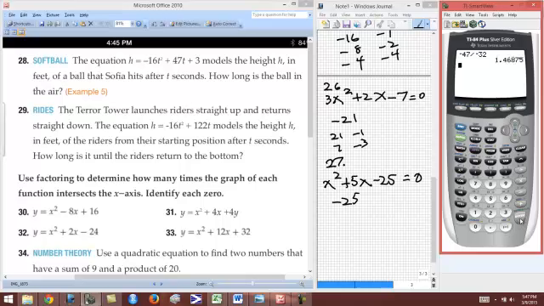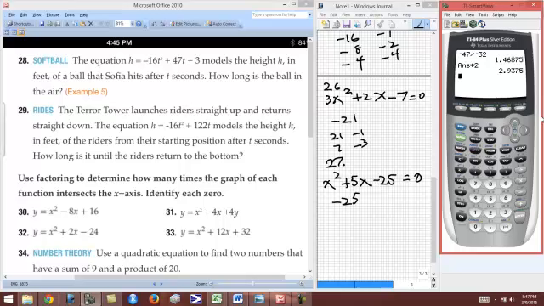So how long is the ball in the air? Well, here's the vertex. This is the maximum height. If you multiply this times 2, you're going to get the amount of time that elapses from when it's 3 feet off the ground until when it's at 3 feet above the ground again.